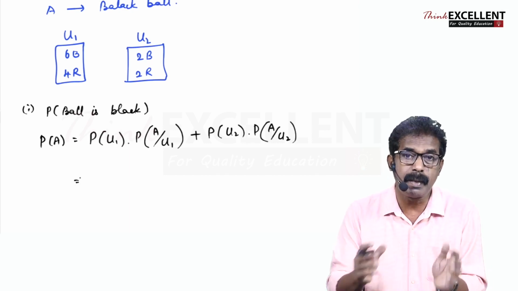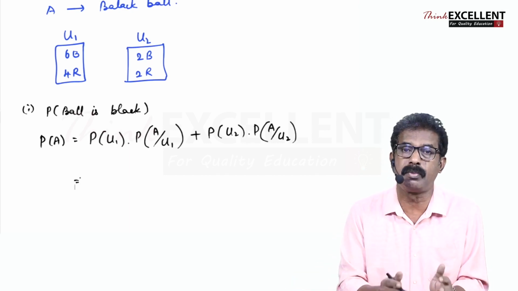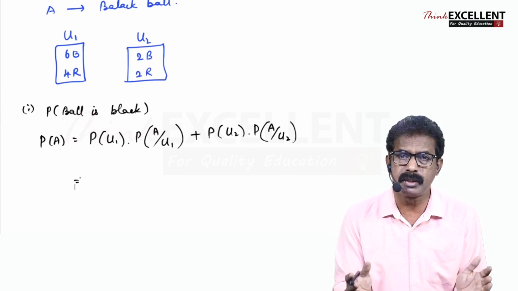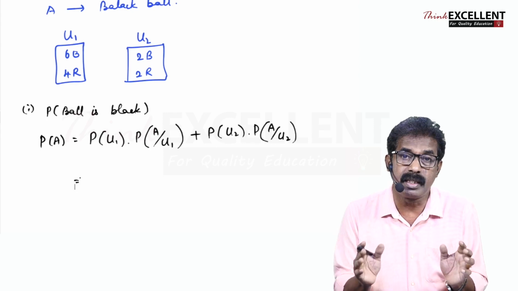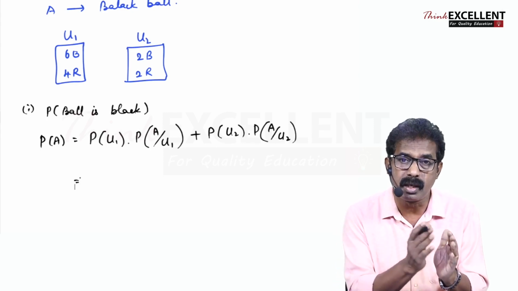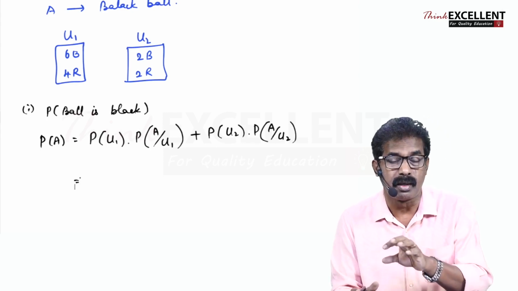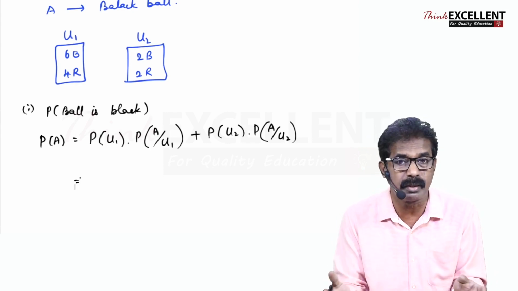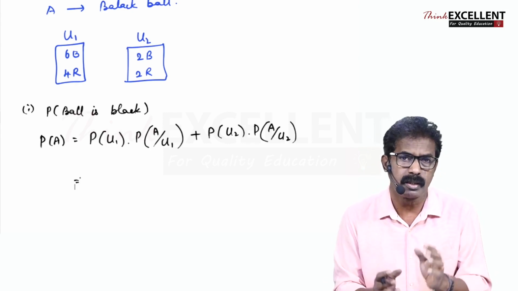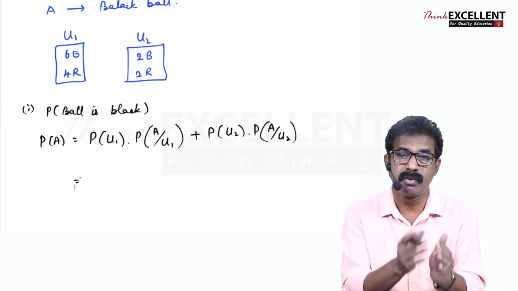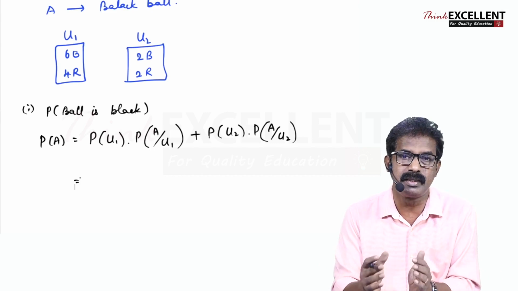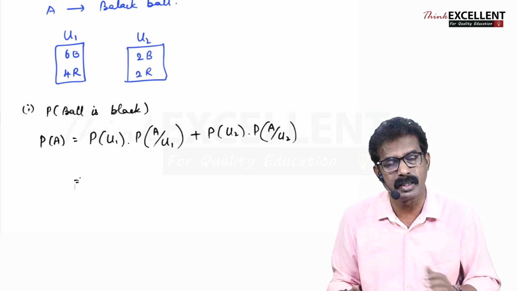Suppose there are 3 bags, then for each the probability is 1 by 3. In the previous one, machine 1 and machine 2, if they are equally efficient, then 1 by 2, 1 by 2 only. But the first machine produces 60%, the second produces 40%, so they're not equal. Suppose 50%, 50%, that is 50 by 100, cancel, 1 by 2, 1 by 2. But two machines of different efficiency, so that's why it's different.